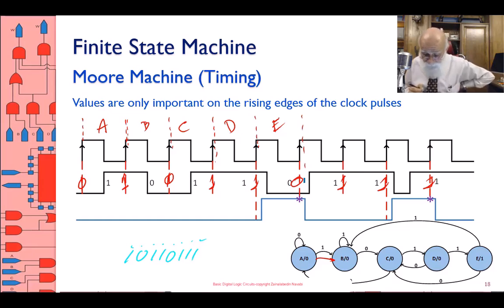I see a 0 on the input, and therefore, don't worry about the output yet, the next state becomes state C.